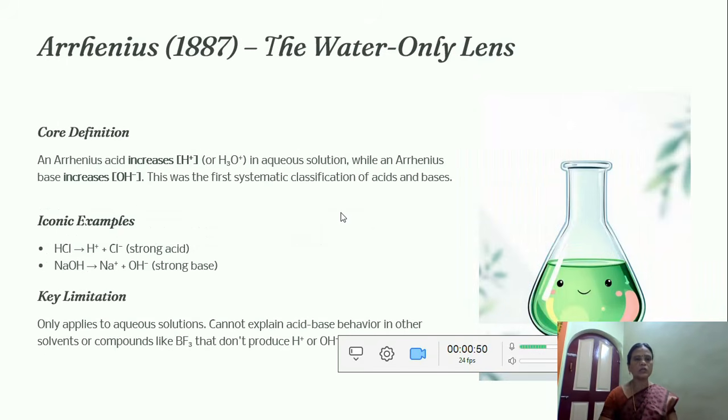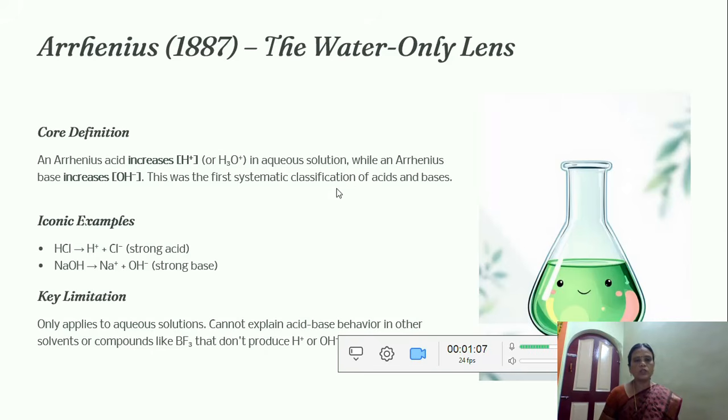The first acid base concept was given by the scientist Arrhenius. According to him, an acid is a substance which, when dissolved in water, produces H plus ions, and a base is a substance which produces OH minus ions when dissolved in water.